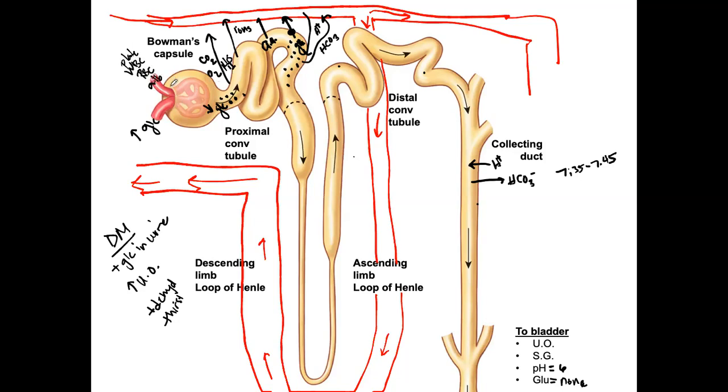Your large plasma protein. So all of those stay stuck in the bloodstream, and everything else gets filtered out. So your glucose, your water, your ions, your bicarb, your urea, your creatinine, your amino acids, what have you, everything else, hormones, right?